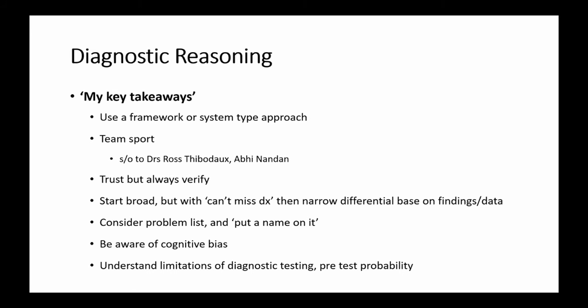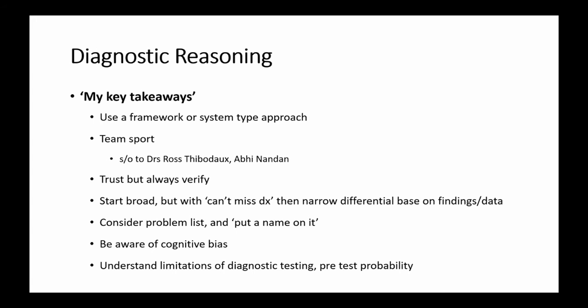Trust, but always verify a diagnosis. You may have patients come to you with a certain label or a certain diagnosis. Look and see what the workup was to make sure it was the correct diagnosis. Also understand in cases like this, diagnoses sometimes evolve over time. So this patient only had the pulmonary stuff at the beginning, and then over time had these extrapulmonary symptoms.